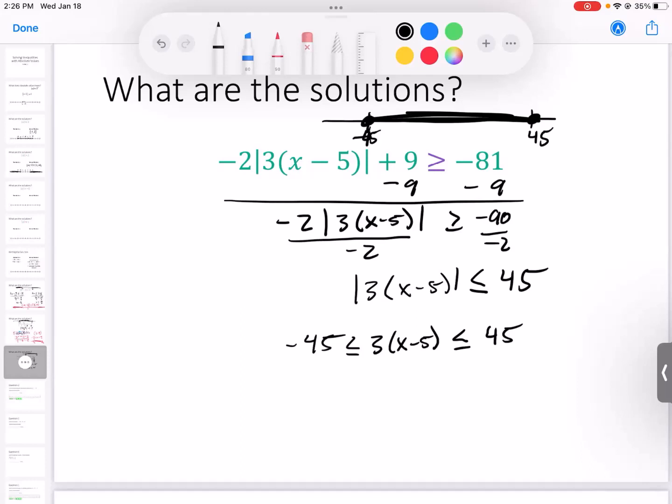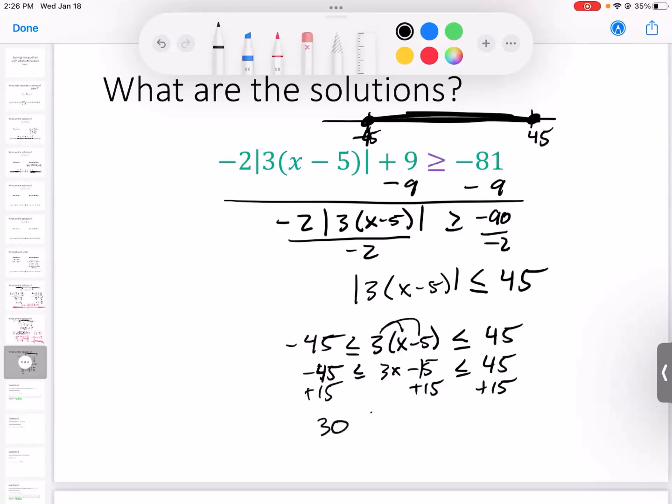And since I have parentheses here, I'll go ahead and get rid of those parentheses by multiplying by 3. So I get 3x minus 15 less than or equal to 45, and greater than or equal to negative 45. Then I'll add 15 to both sides. I'm sorry, I'm writing so small. I think I might run out of room.